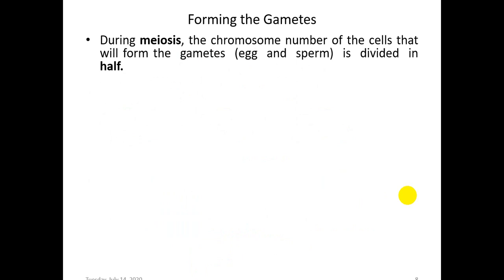Forming gametes, of course. The chromosome number of humans is 46. If the ovum got 46 and the sperm got 46, so that will be how much? 92. And 92 is most likely to be a fish, not a man. So how do we keep the chromosome number constant from generation to generation?